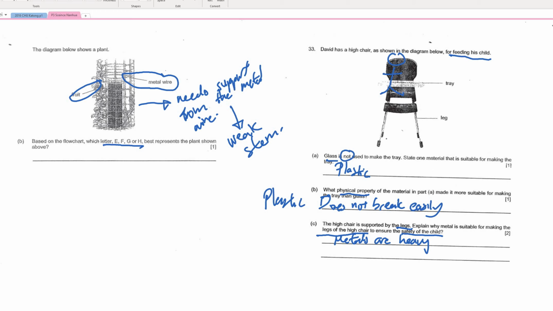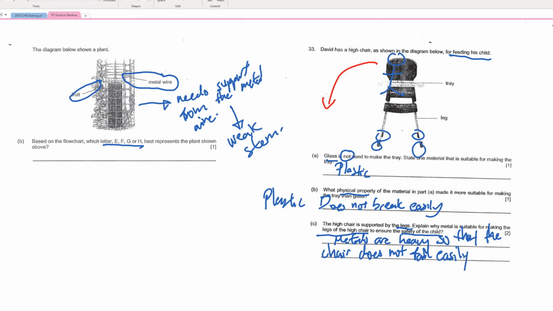If you have something very light, the high chair, because it's very high, will fall easily and thus injure the baby. So we need to use metals because they are heavy, so that the chair does not fall easily.